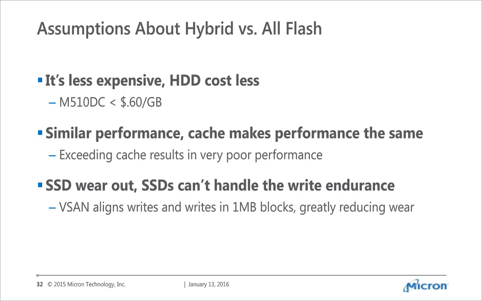But we're still classifying everything at a 4K block. So because of the vSAN read and write optimization, the endurance is significantly increased. So when people say, oh, it's going to wear out, it's not. We have not worn a single drive out, and we've been testing this since it was released. VMware has been doing the same thing. So that concern is an old legacy concern that really does not need to be a worry at all.